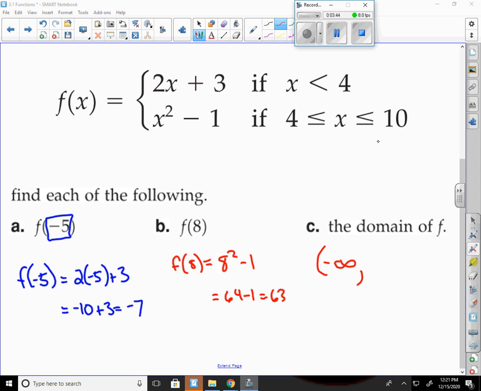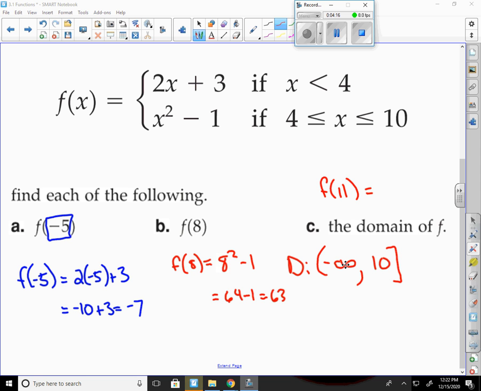Is there anywhere for me to plug in 11? Let's say I ask you to find f of 11. I couldn't plug it into the top equation because 11 is not less than 4, and I couldn't plug it into the bottom because 11 is not between 4 and 10. So this goes up to 10 and stops, and that's my domain. The domain is any number that's possible to plug in.